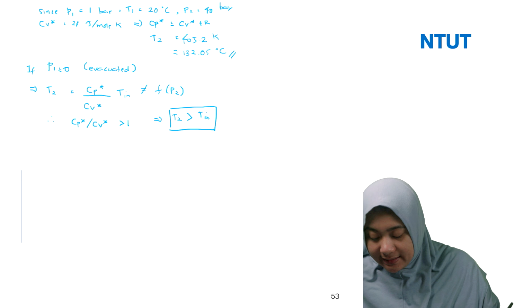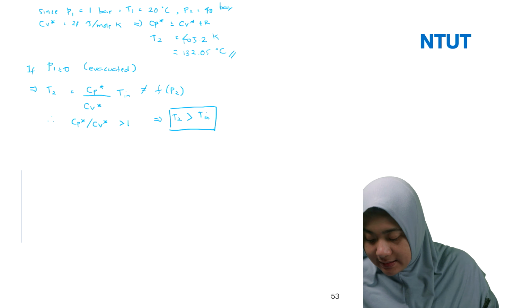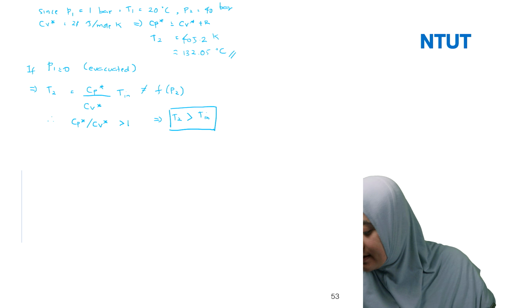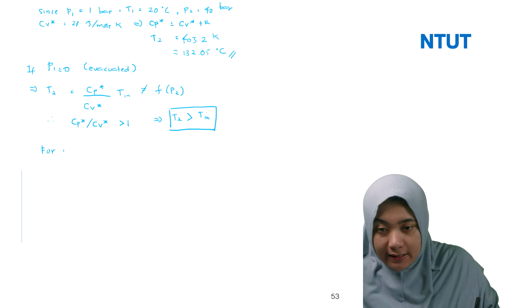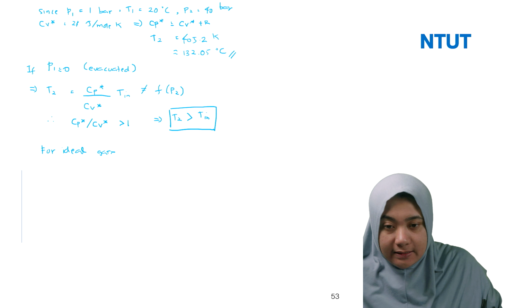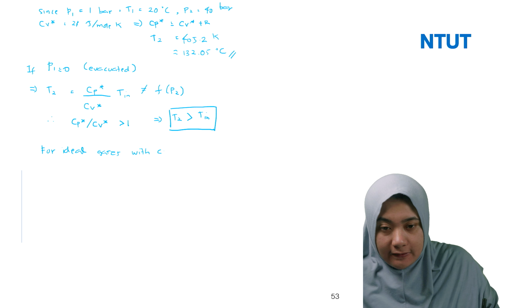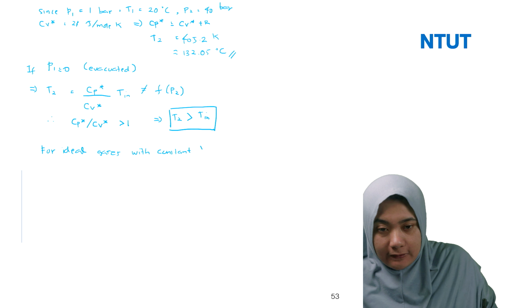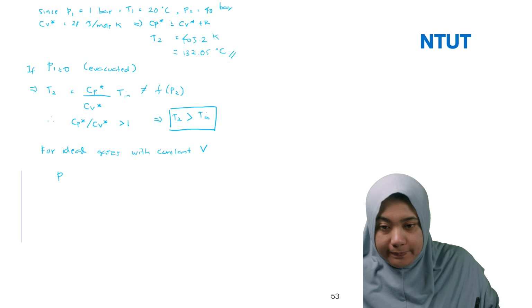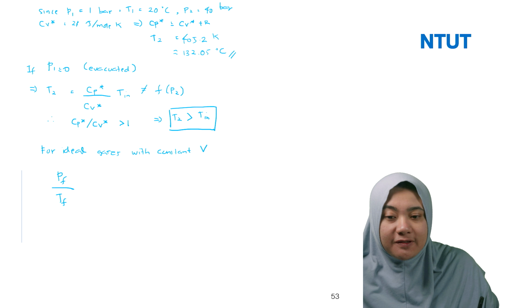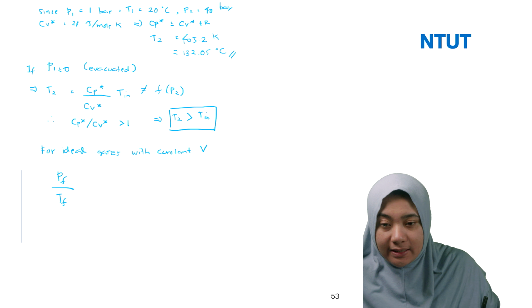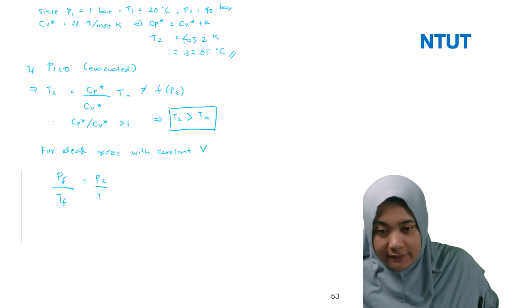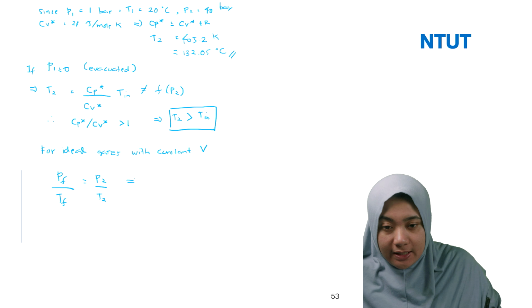Okay, the second, they're asking about ideal gases with constant V. Pf divided by Tf, you can simplify, use the F, it means final, or you can say 2, in this case P2 divided by T2, the same. So we can use a simple correlation.